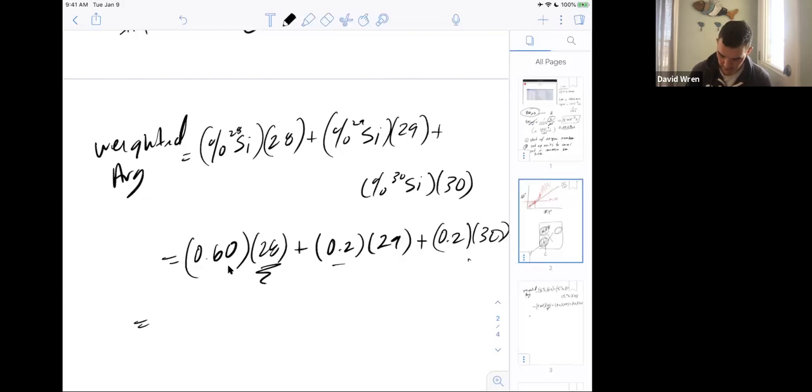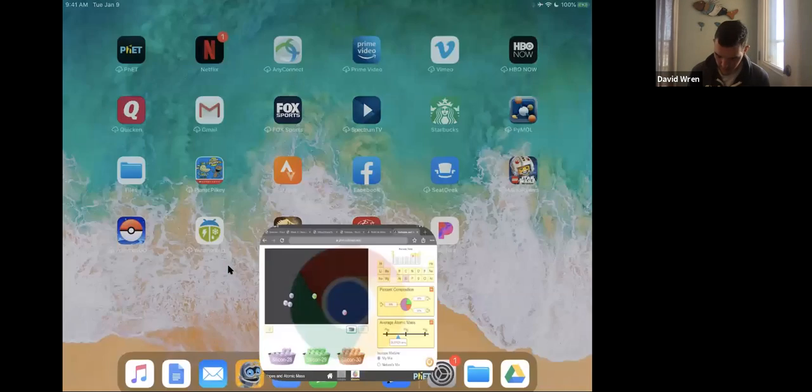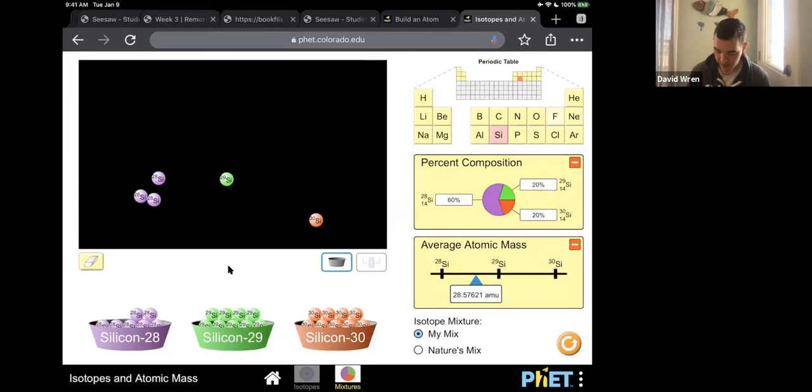When it gets 28.57261 or 621, that is just mathematically. They're not using 28, 29, 30. They're actually using a number that has like 4 decimal places. That's why you wouldn't get the exact same number, but you should get something that's 28.5 something. And that's what it means by checking it.